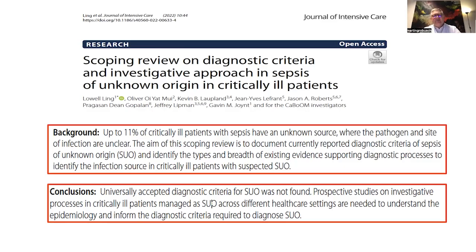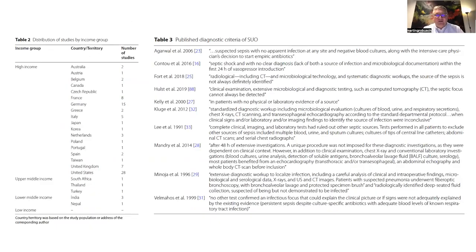irrespective of where we apply those tools, maybe a group of 10, 12% of critically ill patients where we have to deal with sepsis of unknown origin, where it's very difficult to identify the pathogen and also maybe a focus, a source of the infection within a person.